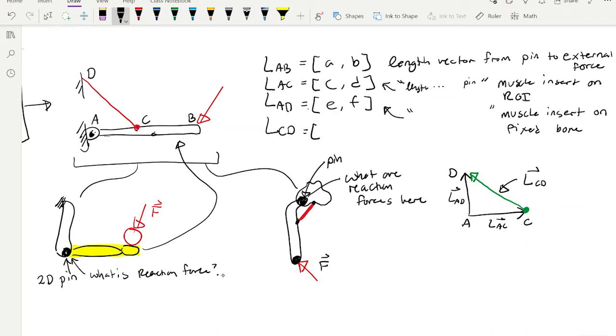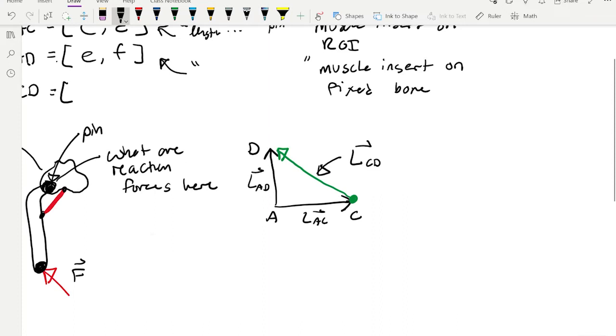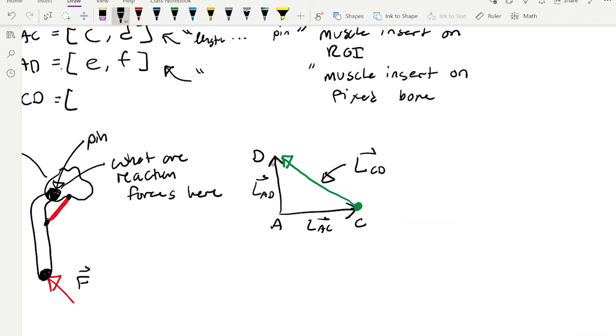That's what we want. And how we do this math real quick is LAD has a vector head to head, right? So we say LCD is equal to the vector that has head to head. LAD has head to head with the one we want, LCD. So we say LAD minus the one that has the tail of LCD to the head of the vector we know, right? So that's LAD minus LAC.